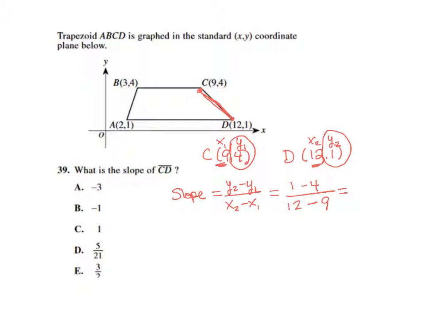If I subtract the numerator, 1 minus 4 would be negative 3. Subtract the denominator, 12 minus 9 would be 3. Negative 3 over 3 simplifies to negative 1. So the slope would be negative 1. We look at our choices, and that is B, a slope of negative 1.